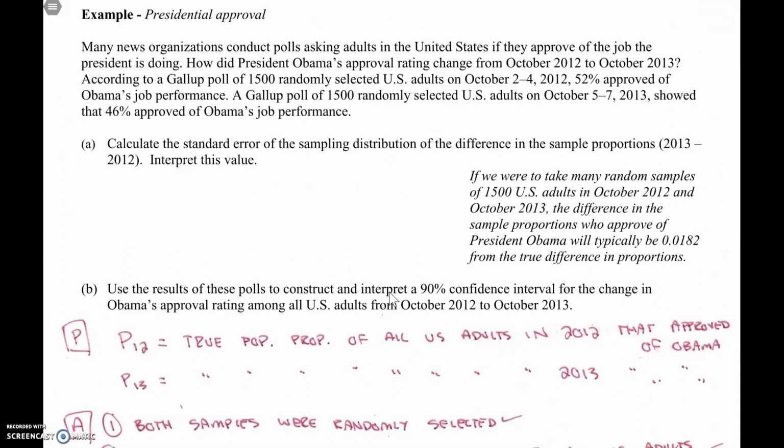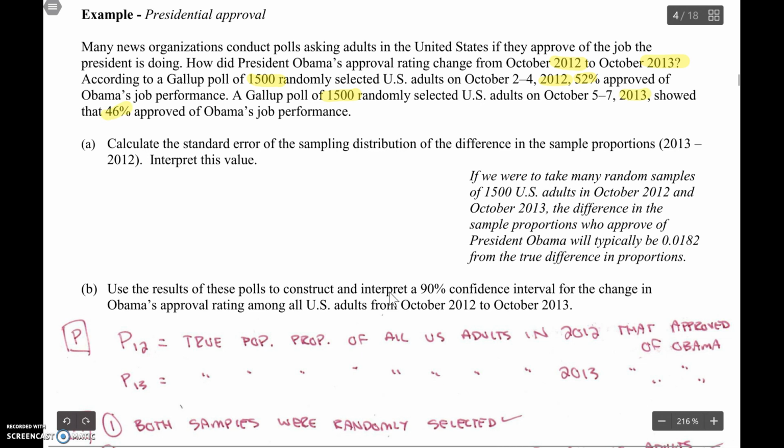Presidential approval. Many news organizations conduct polls asking adults in the U.S. if they approve of the job the president is doing. How did President Obama's approval rating change from 2012 to 2013? According to a Gallup poll, of 1,500 people in 2012, 52% said they approved of his job performance, whereas of 1,500 people in 2013, only 46% approved.